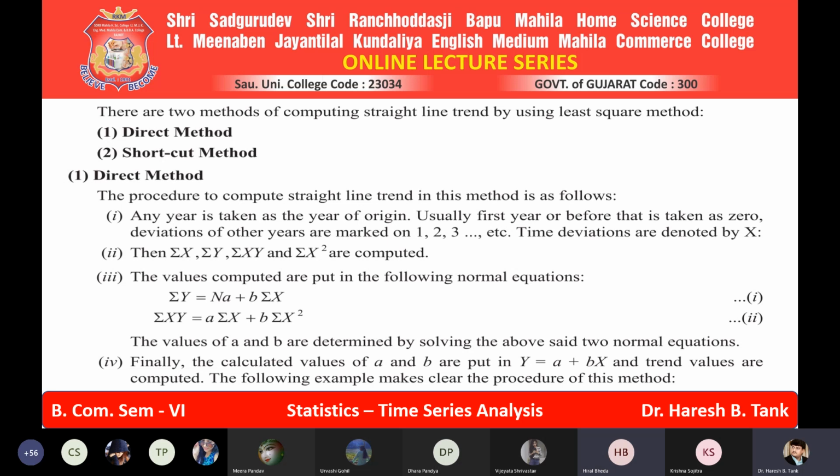The first thing is summation of y. Just list it down on paper. That will make you a very clear thing. The first thing is summation of y. Second is n. Third is summation of x. Next is summation of xy. Next is summation of x square.